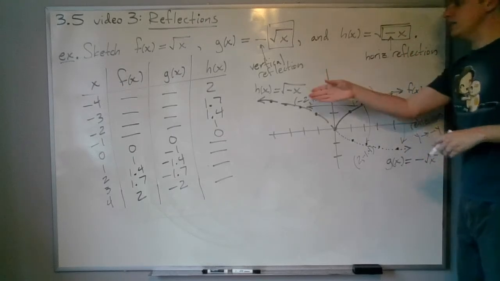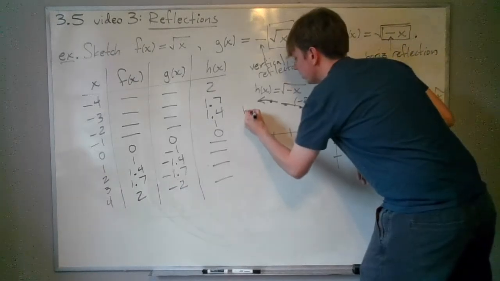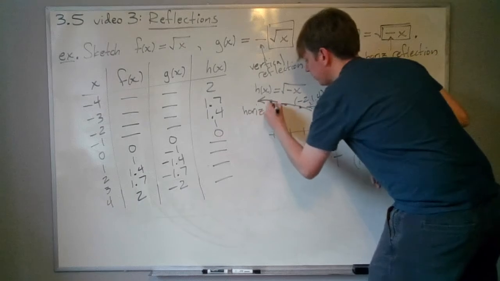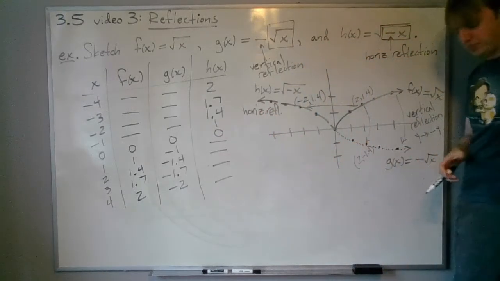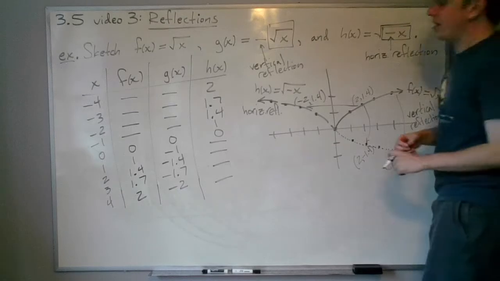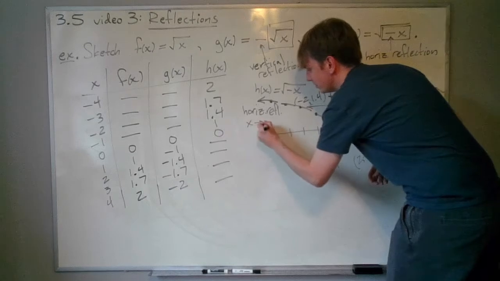Okay, so h of x equals square root of minus x would be a horizontal reflection. And positive x's should be turned into negative x's.